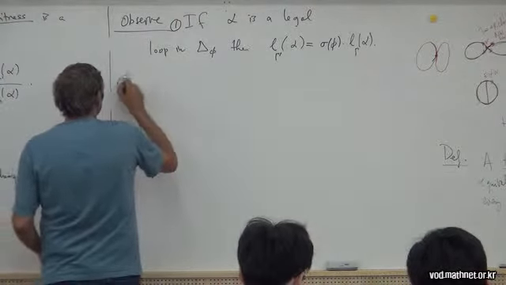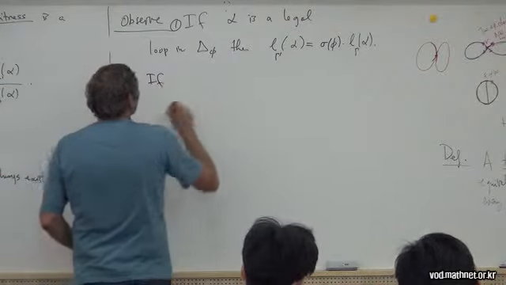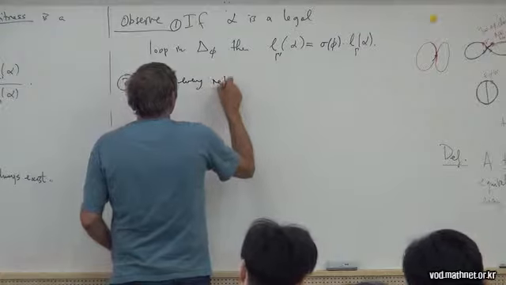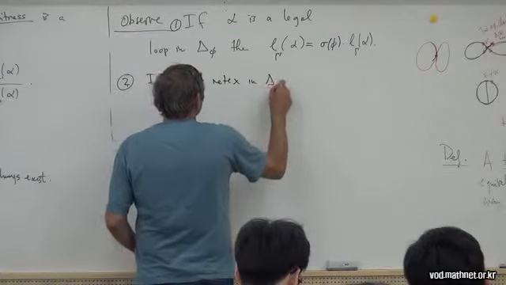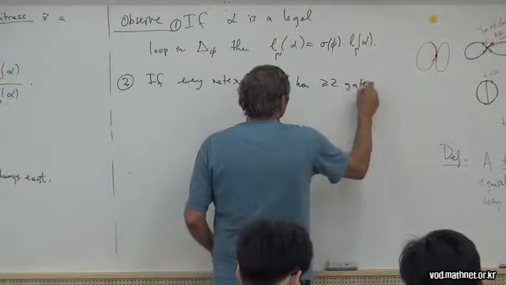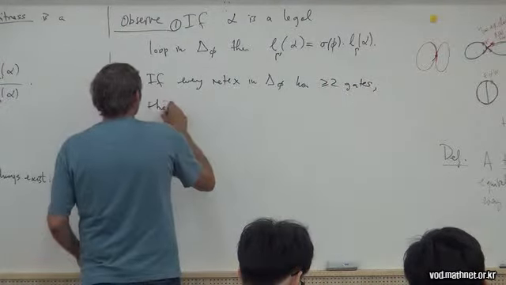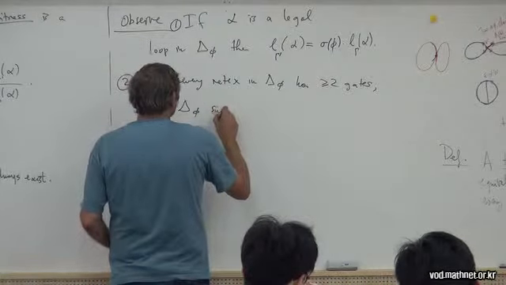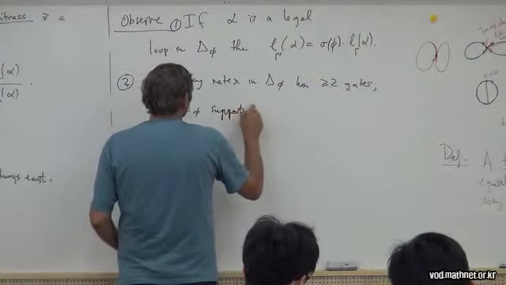The second observation is that if every vertex in delta phi has at least 2 gates, then delta phi supports a legal loop.